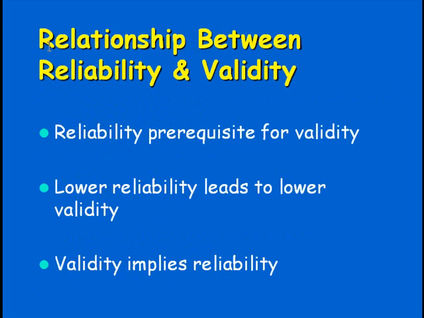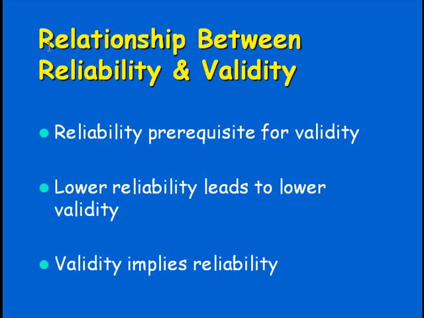The relationship between reliability and validity. Well, as we saw before, starting with the last point, validity, if all those things hit the bullseye, validity implies reliability. If something is accurate, then you apply reliability. And in the same vein, reliability is a prerequisite for validity.